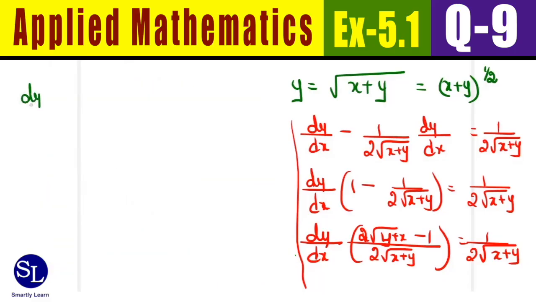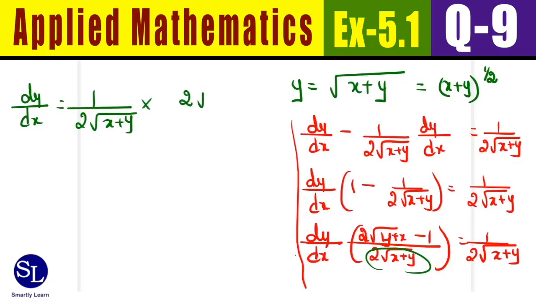So this is dy by dx is equal to 1 by 2 into root of x plus y. This will go to the numerator, so into 2 into root of x plus y, the whole thing divided by 2 into root of x plus y minus 1.